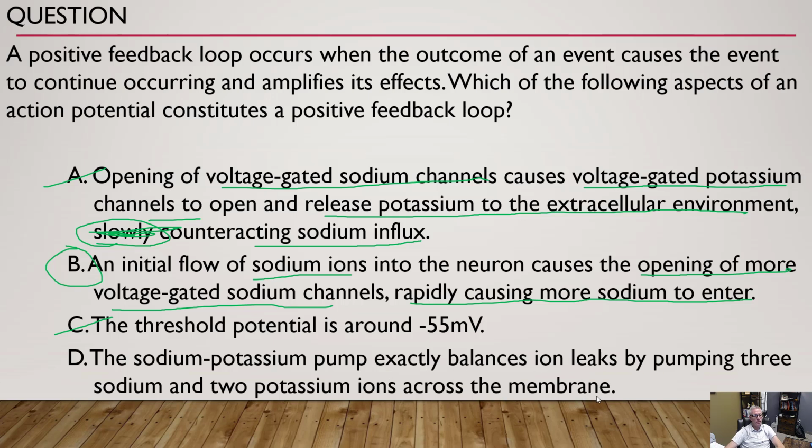That's a true statement, but we'll see later that this is actually more negative feedback, because it resets the cell: something's too high, we need to lower it; something's too low, we need to raise it. So this is actually a negative feedback loop, and we'll see that later on.